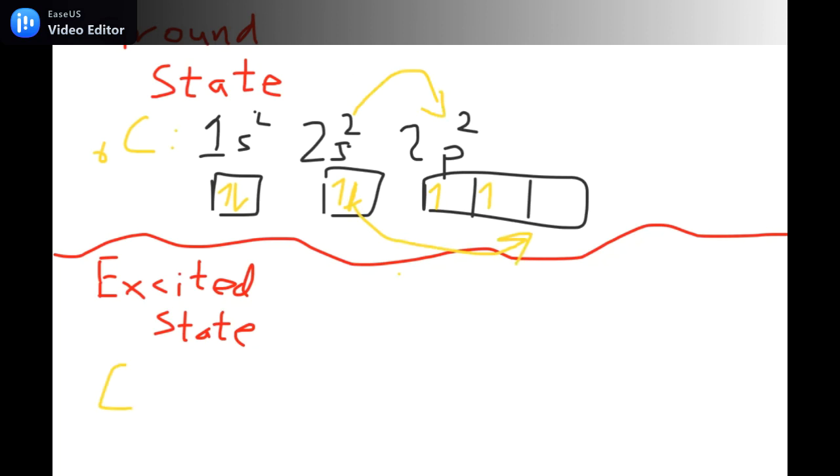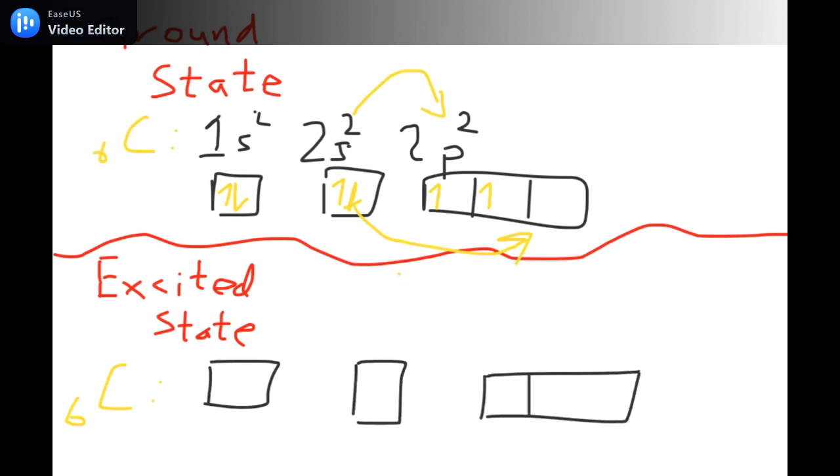Now the electronic configuration for carbon would be: electron is transferred from here. So this has 3 electrons now. So when the element is in its excited state, for carbon, the 2s orbital has one less electron from its normal ground state.